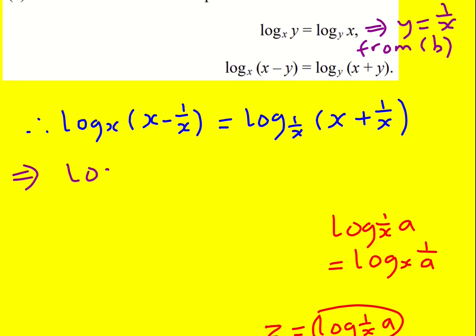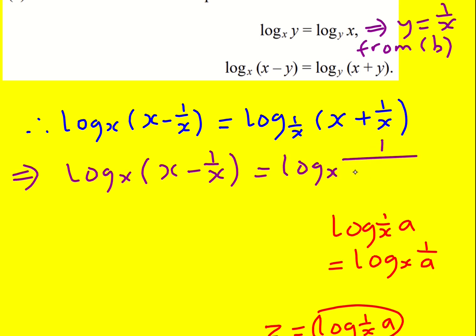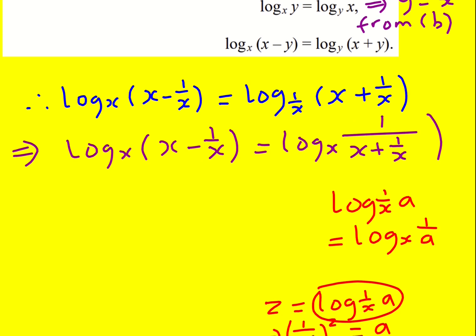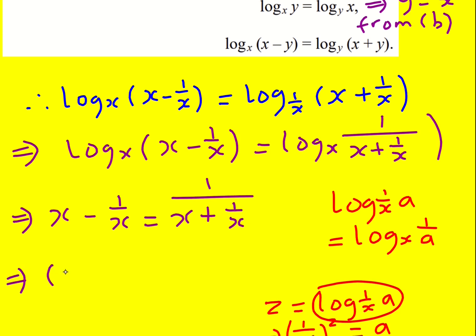And therefore, log to base x of x minus 1 over x will equal log to base x of 1 over x plus 1 over x. And we can undo the logs. Multiply through.